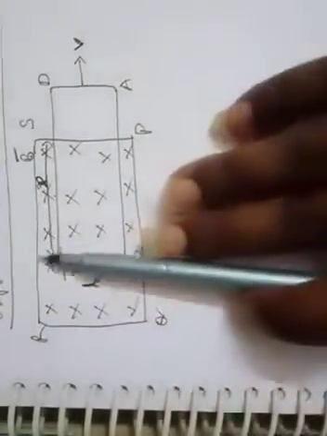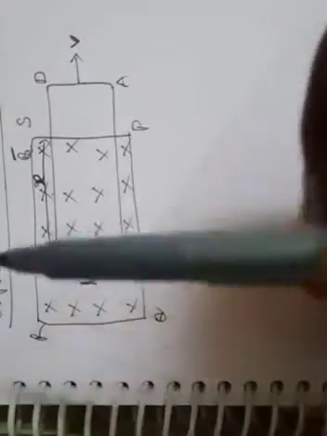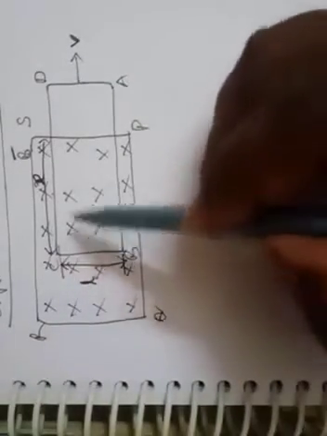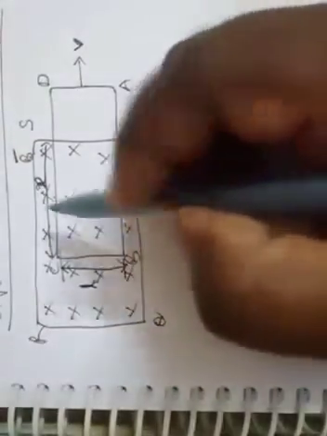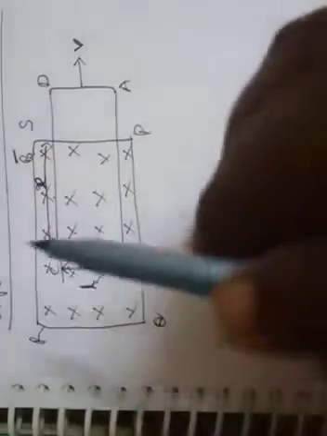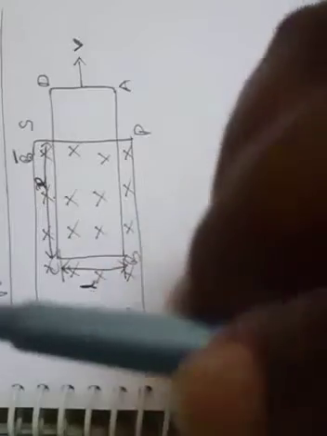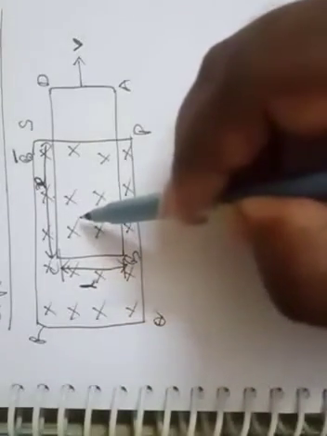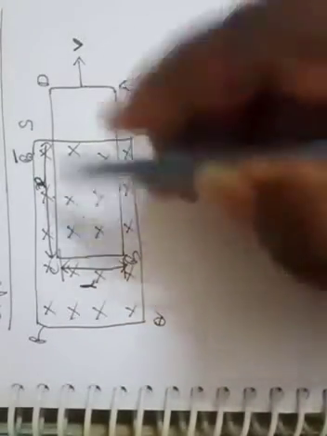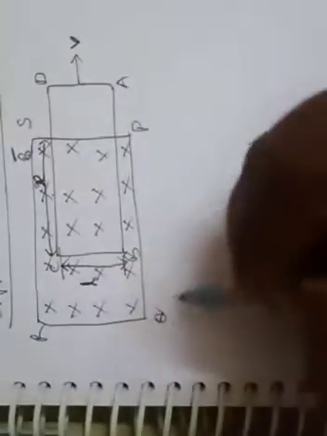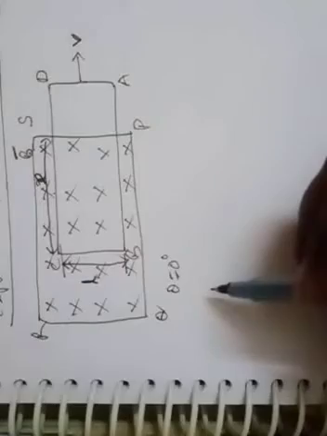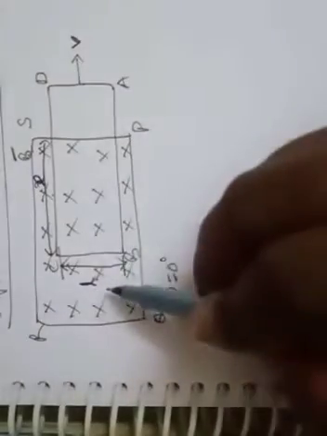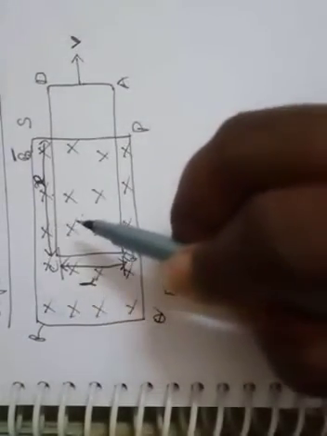This is the plane of the coil and this is the magnetic field, and the area vector of this coil is vertically downwards, and the magnetic field is also downwards. So what is the angle between them? The theta is 0 degrees, because the area vector and magnetic field are in the same direction.